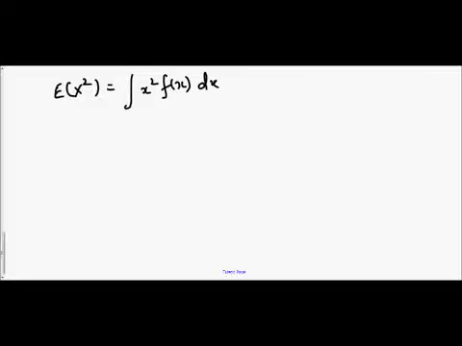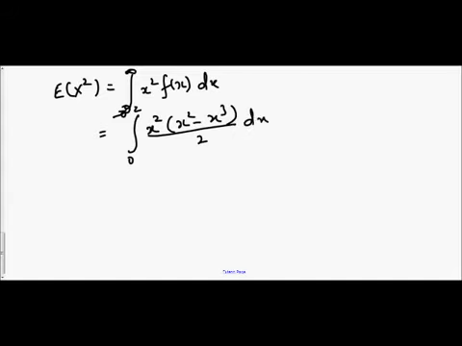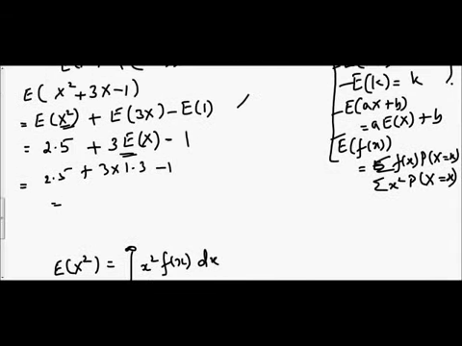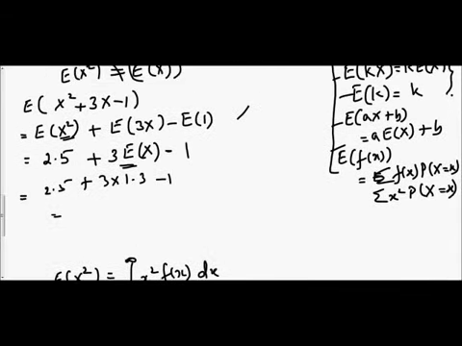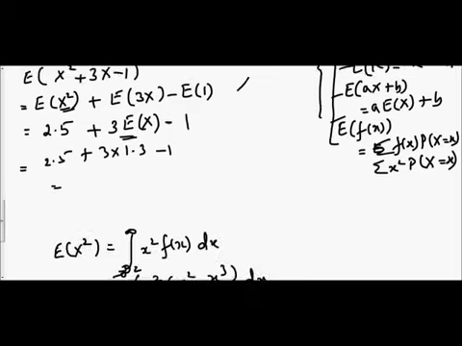And with the question that I have done just now, this would be 0 to 2, minus infinity to infinity in general, but for our question it is 0 to 2, x square times x square minus x cube over 2 dx, and this is the expected value of x square. And all the other formulas and properties remain the same. For e of kx, e of k is k, and e of ax plus b, all these things remain the same for continuous functions as well.